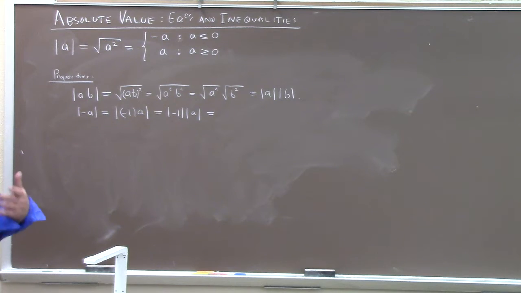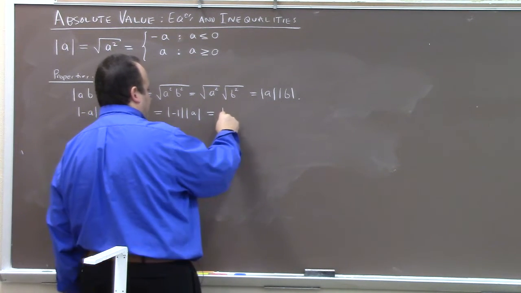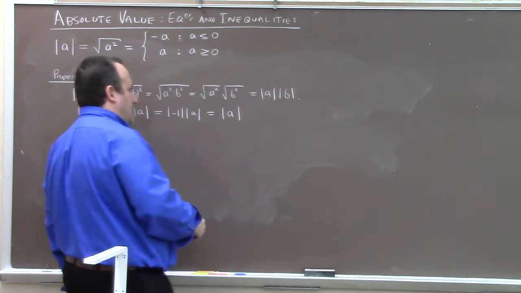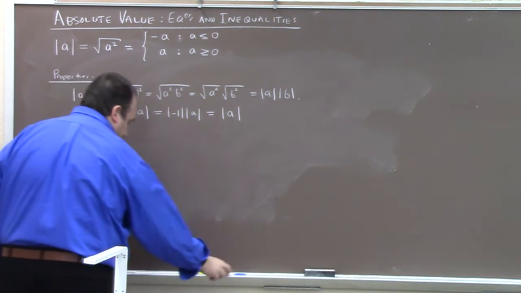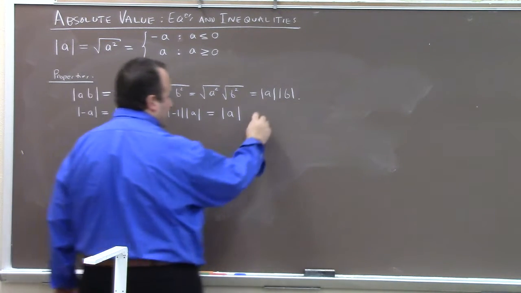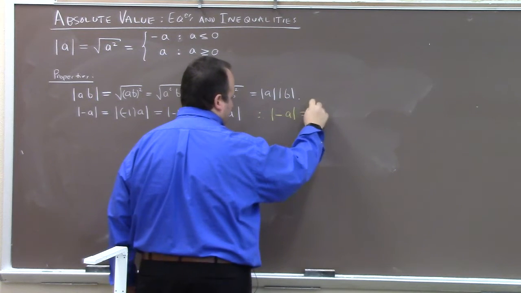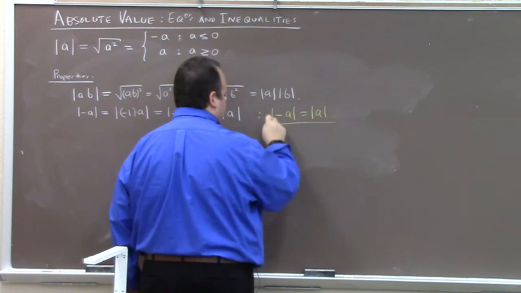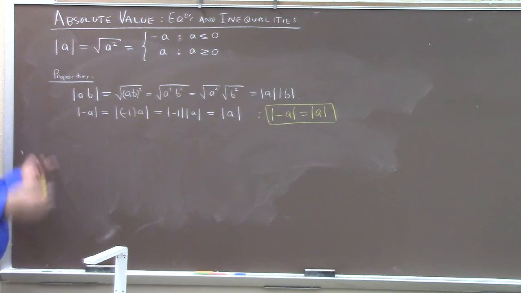Because when we square, absolute value of minus 1 is 1. And so this is just equal to absolute value of a. So the property that I just showed you there, I'll write it again, is the absolute value of minus a is equal to absolute value of a. I like to refer to this property as the absolute value eats minuses property.